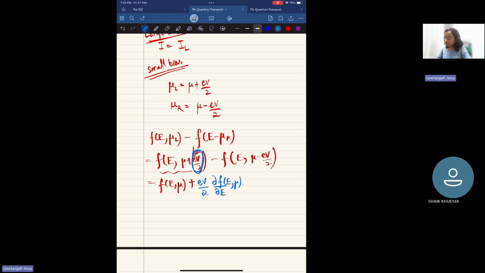The same expression you can write for the second case. So this is f(E, mu) minus EV by 2 times dou f(E, mu) by dou E, because there is a minus term here.